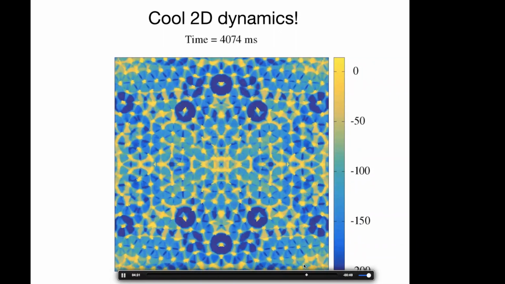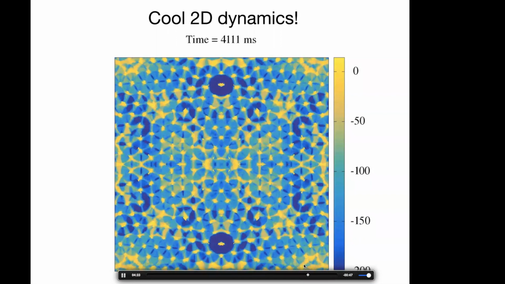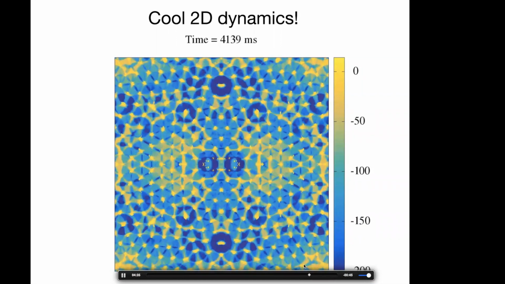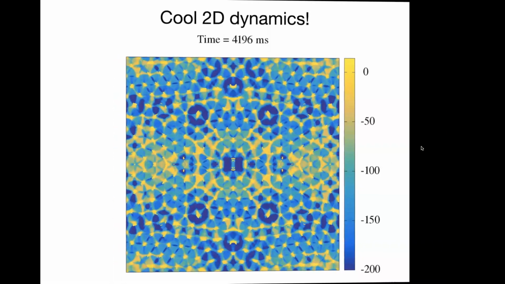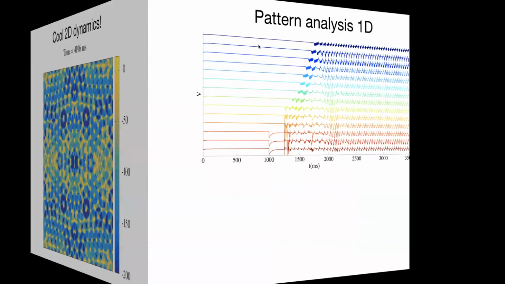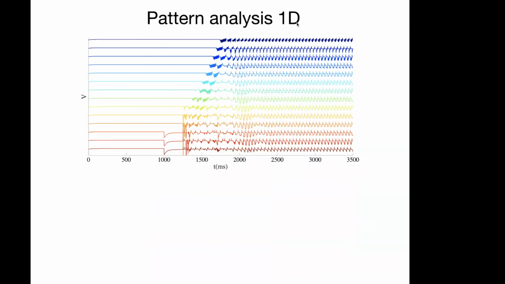Okay, so again, as in the first part of the talk, how do we understand the mechanism of the patterning? Where do the scales come from? It's challenging to do the analysis in 2D, although possible. So I'm just going to take the easy route and study a 1D system. Essentially, I'm going to look at waves propagating along a one-dimensional system and ask, can I at least understand the wavelength of those things?